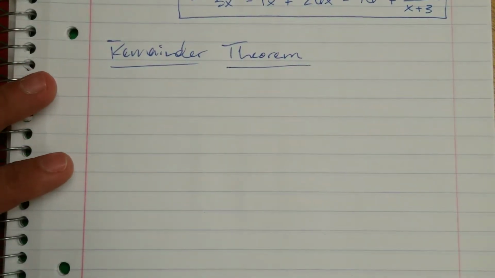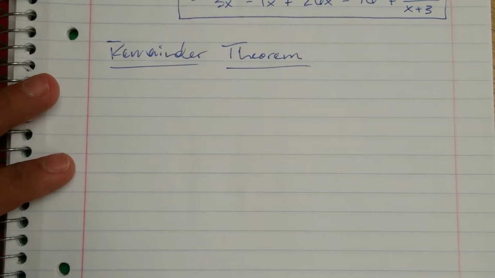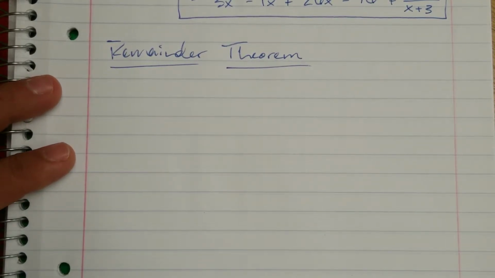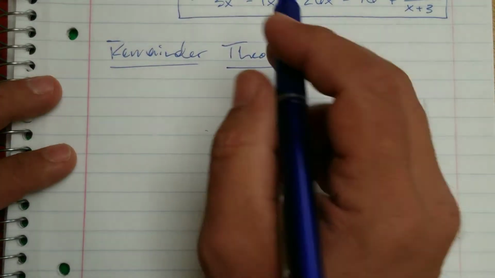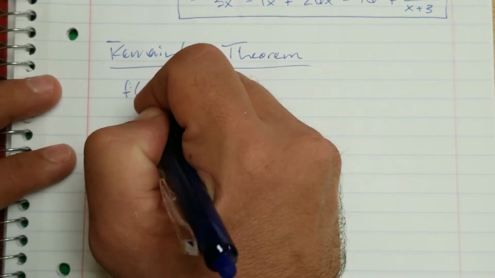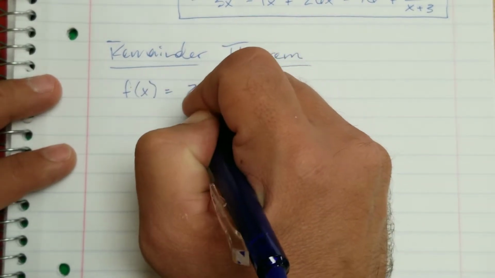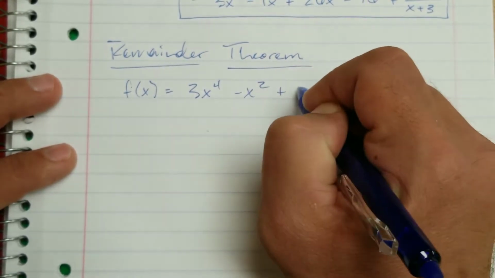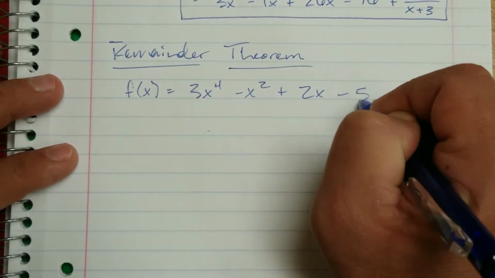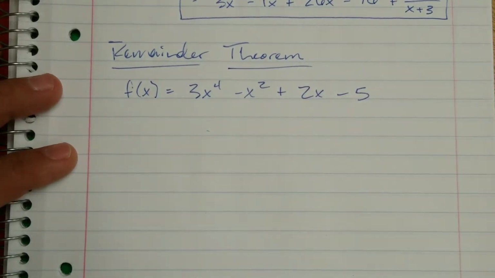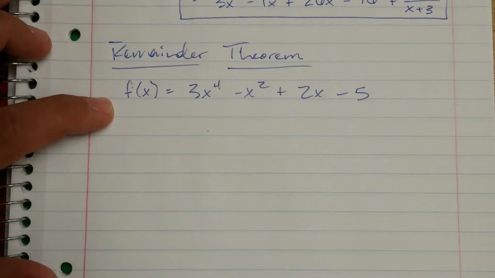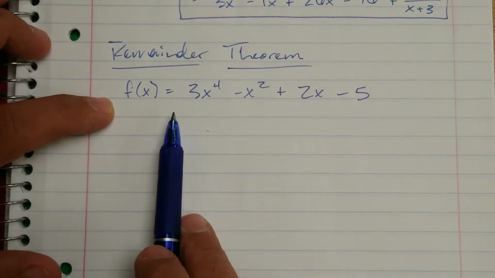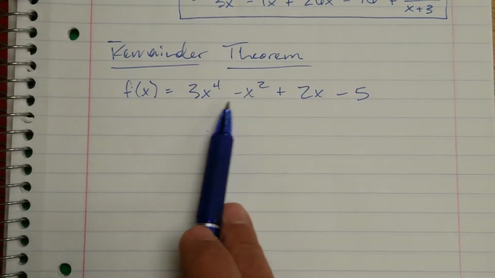If we go back to that numerator of the f function above, I'll just use the 3x to the 4th minus x squared plus 2x minus 5. The cool thing about the remainder theorem is, usually we would use function notation.